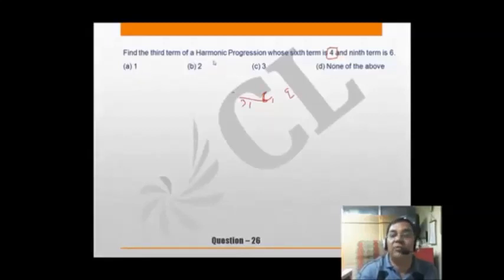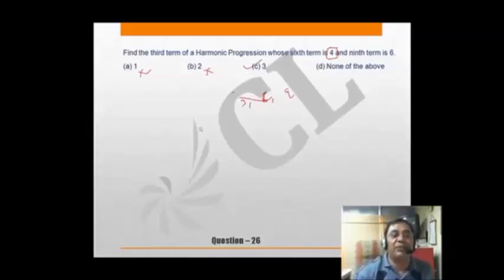That does not come to 4. This cannot be the answer. So 6 into 2, 12, 12 into 2, 24. 24 upon 8 is 3. Here it is 4, so this is also not the answer. 6 into 3, 18, 18 into 2 is 36. 36 upon 9 is 4. This matches. So this is the answer.